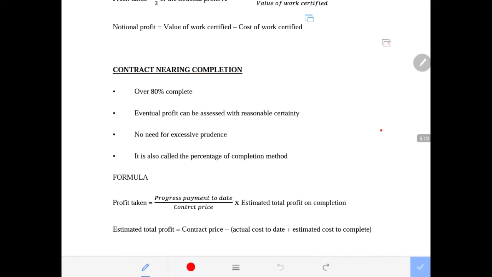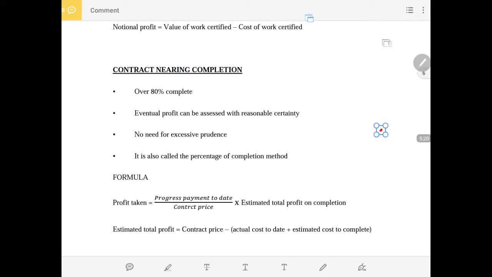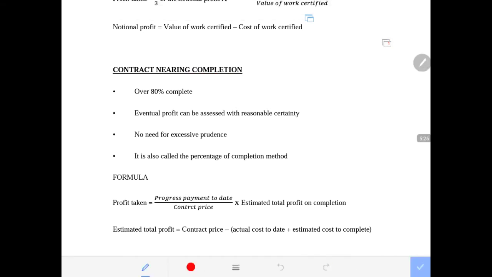Now, how do we take the profit to be reported in the statement of profit or loss in such a scenario? Then it says eventually profit can be assessed with a reasonable certainty, meaning we are almost certain that the company will make such and such amount of profit. No need to exercise prudence, and it is also called the percentage of completion method.